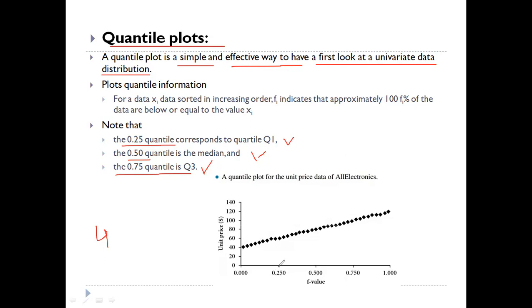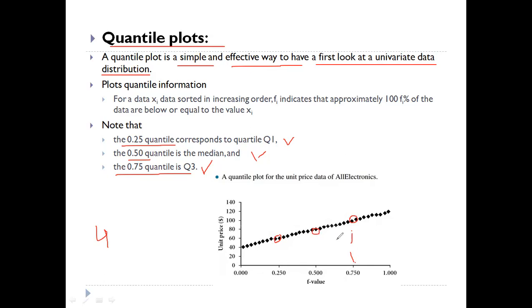Here, wherever you find 0.25, at this position you can represent the Q1 value, at this position the median value, and at this position the Q3 value. Q1, Q2, Q3 values within the given plot.